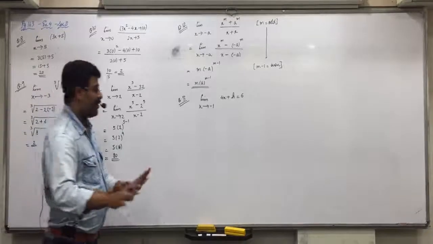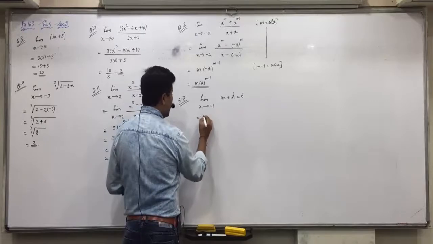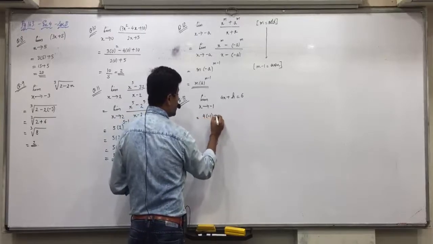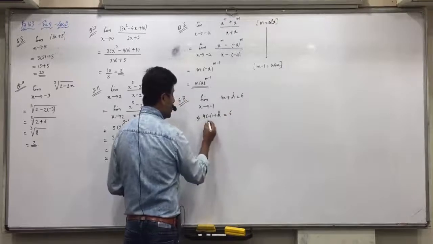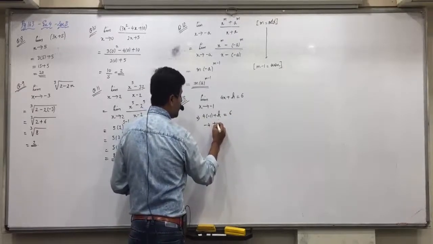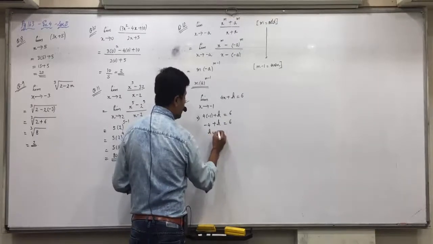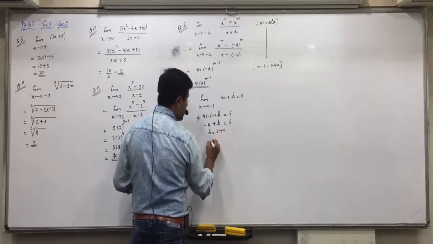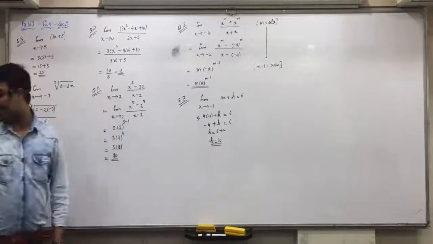Ignore the limit, it's a normal function only. In x you'll put directly 4 into minus 1 plus k will be equal to 6. What is 4 into minus 1? Minus 4 plus k will be equal to 6. Bring minus 4 on the right side, it becomes plus, so k is equal to 10. Did you all understand this?